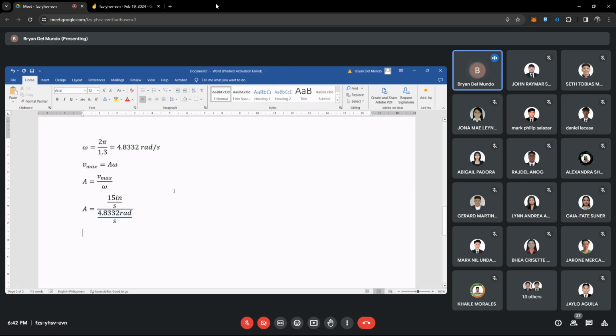So now we can solve for the value of amplitude, which is equivalent to 3.1035.